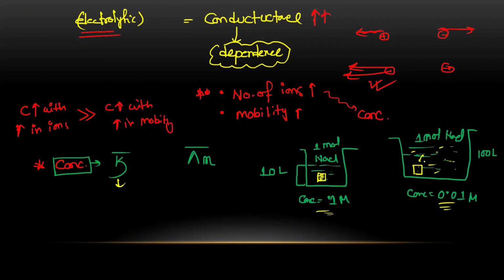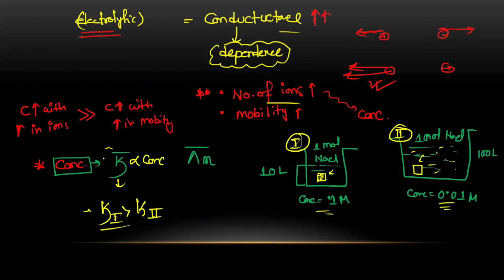So in this box there will be fewer ions, in this box there will be more ions. More number of ions means more conductance. So suppose it is system 1 and system 2. Kappa 1 is more than kappa 2, isn't it? Because in a 1 ml volume there are more ions in the more concentrated solution. So concentration is directly proportional to kappa. In the first one concentration is high, kappa is high. So kappa is directly proportional to concentration, right?